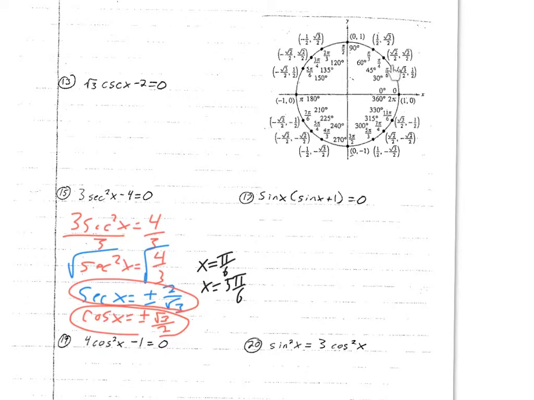And you can maybe see that once we have a 6, we're probably all going to be in the area of the 6's. So my next answer was 7 pi over 6. And then my last answer will be over here at 11 pi over 6.